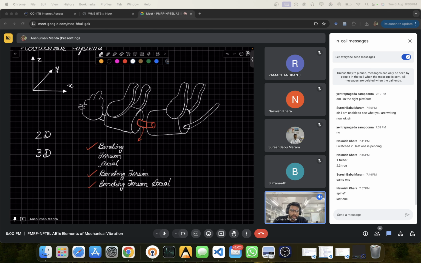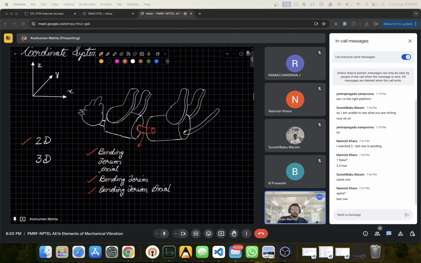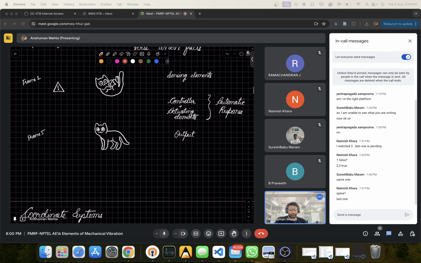Is this abstraction 2D or 3D? 2D. Okay. We will decide on these characterizations, but the thing is what we have started our abstraction.